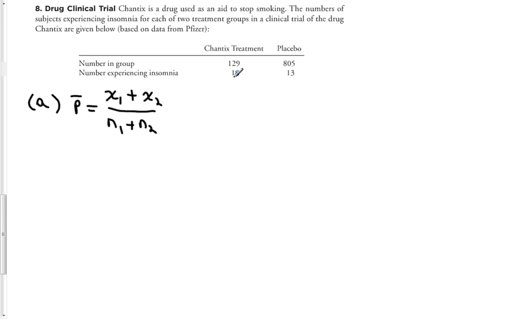So basically, out of this many people in the group, 19 of them experience insomnia. So we'll call this sample 1. Sample 1 is the Chantix group. All right, and we'll call this one sample 2, the placebo group.